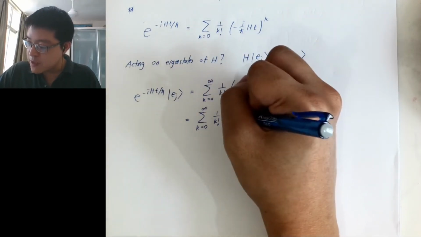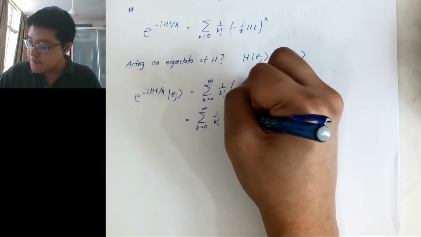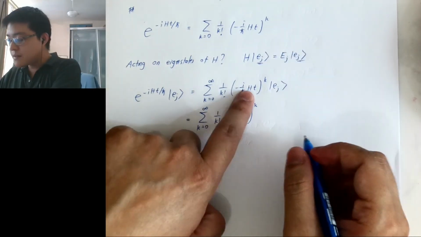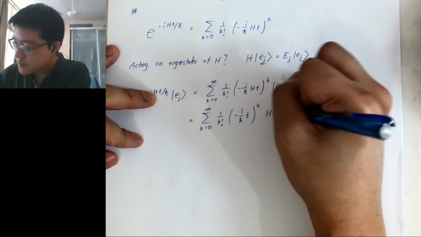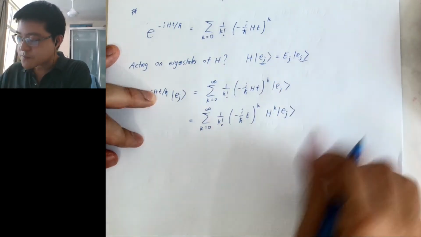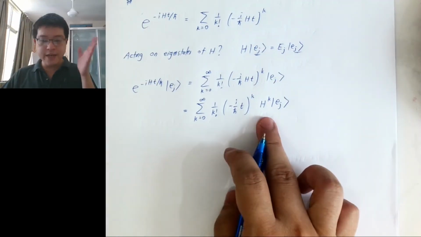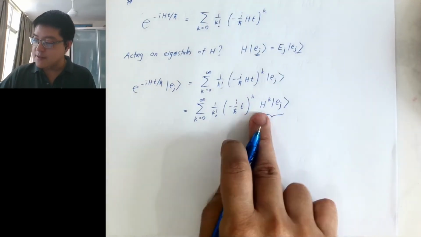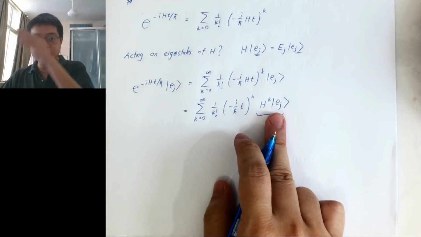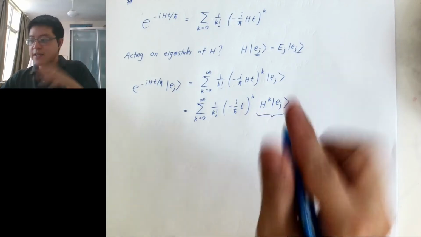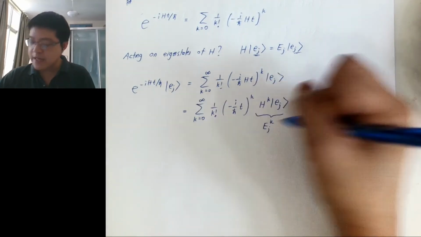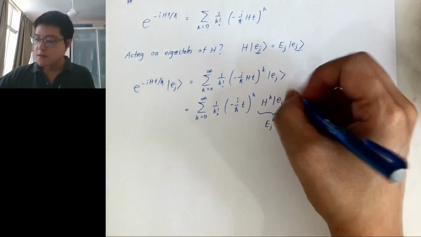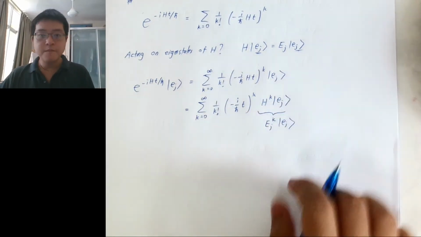For example, I just shift i over h bar t here, keep it to the power k, and then this is H to the k acting on this. Now maybe you can see what is going on. This is acting on my eigenstate k times, so I just get my eigenvalue out k times, 1, 2, 3, 4, keep on repeating k times. So it's just back to E_j.